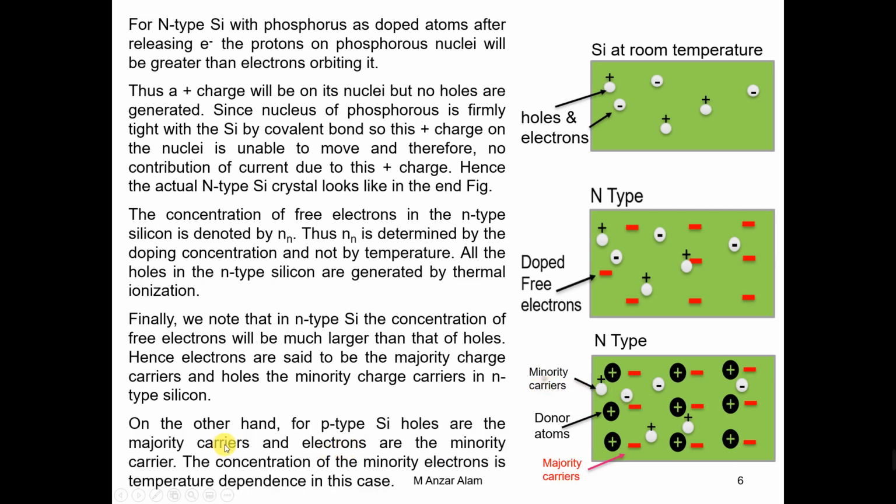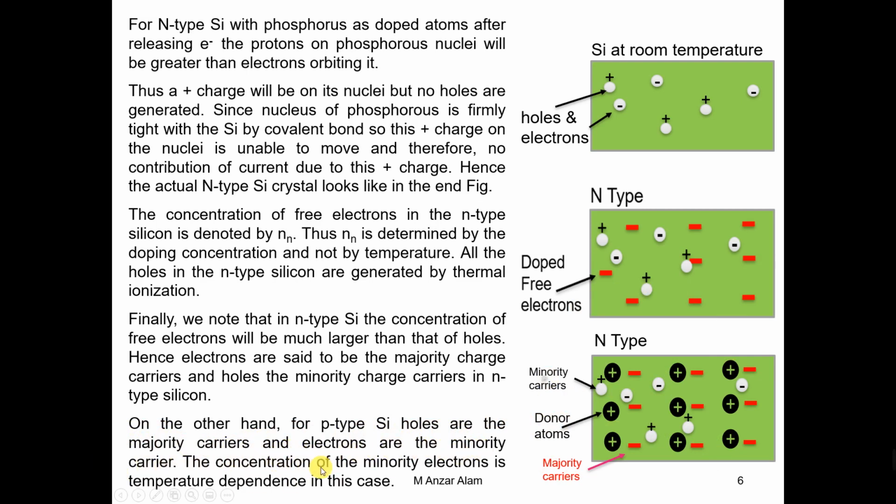On the other hand, I have shown this only for the n-type material, but we can understand p-type similarly. You can go through it by yourself as self-study. For p-type silicon, holes are the majority carriers and electrons are the minority carriers.